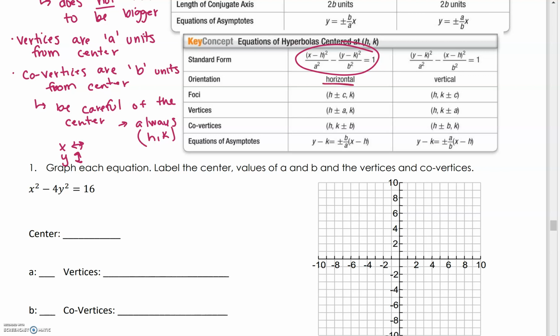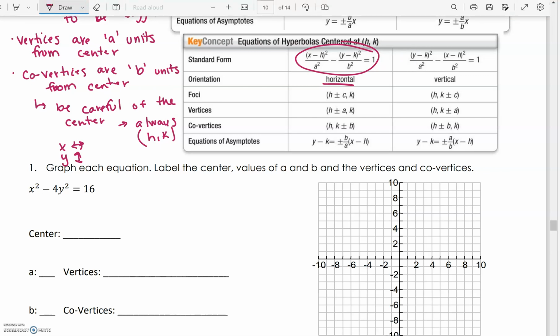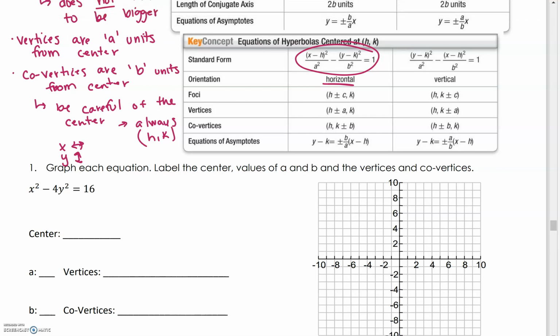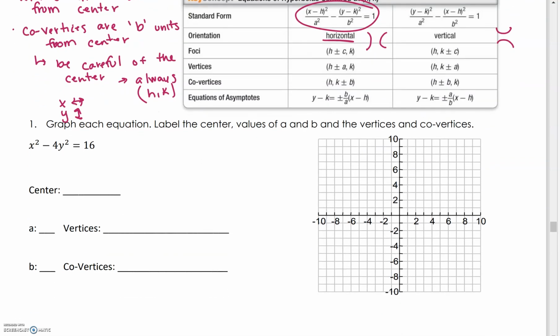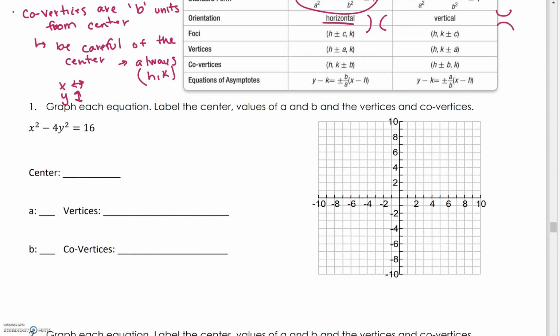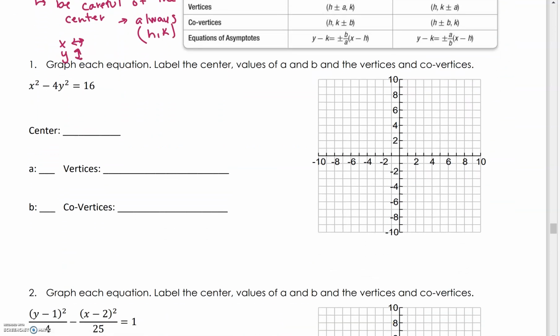So this is going to be a horizontal. And then vertical is going to be our y going first. So y going first is going to make it more of a vertical, kind of like this and then kind of like that. You'll see all the pieces when we graph this first example.